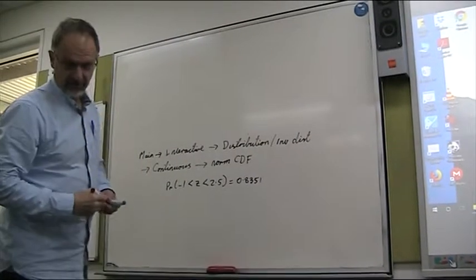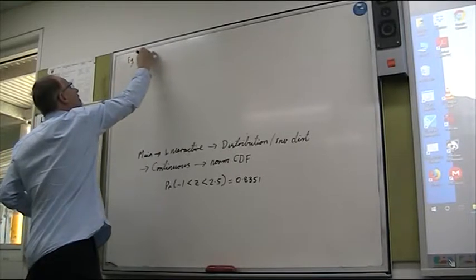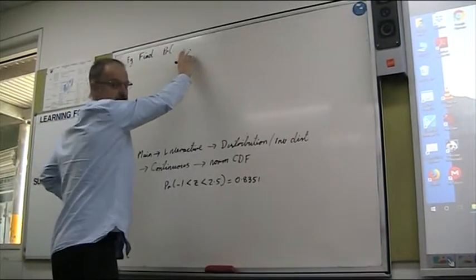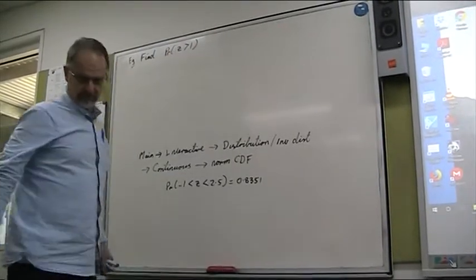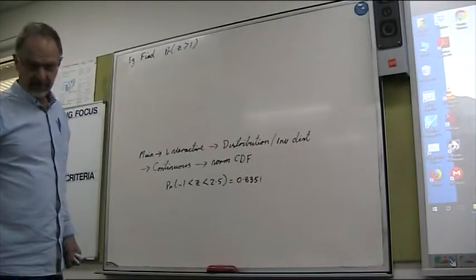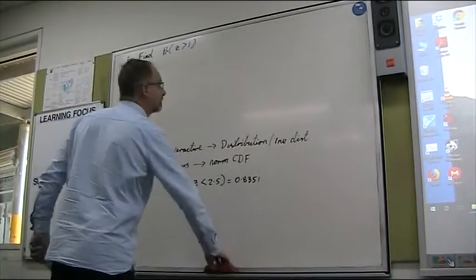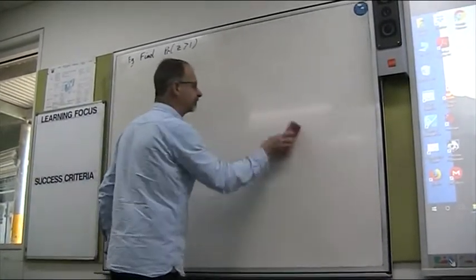Let's find, e.g., the probability that Z is greater than 1. Again, we're using Z, so our standard deviation is 1 and our mean is 0.